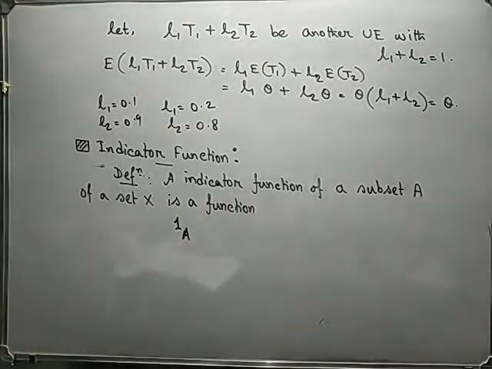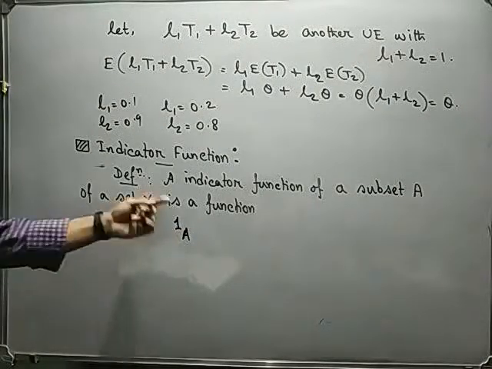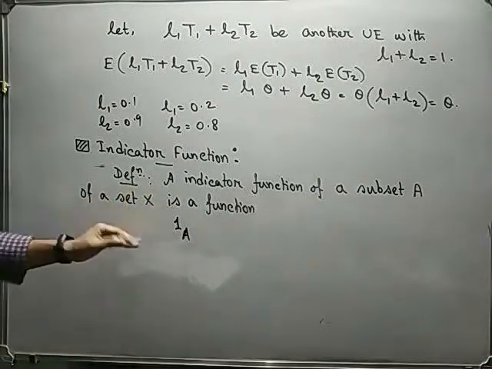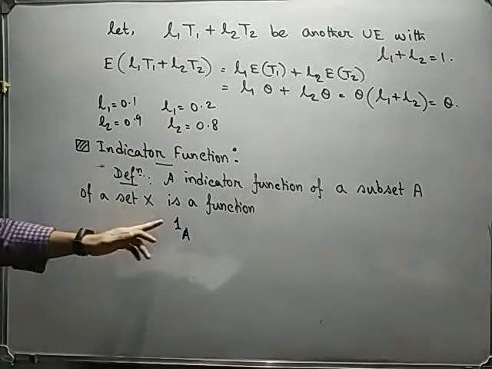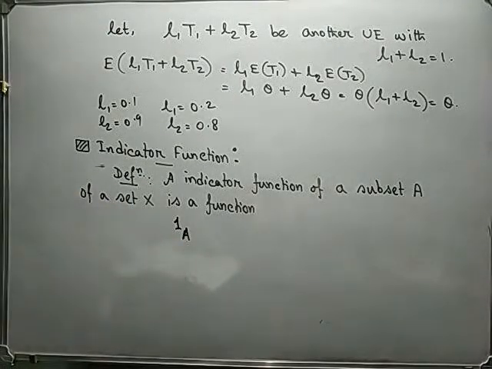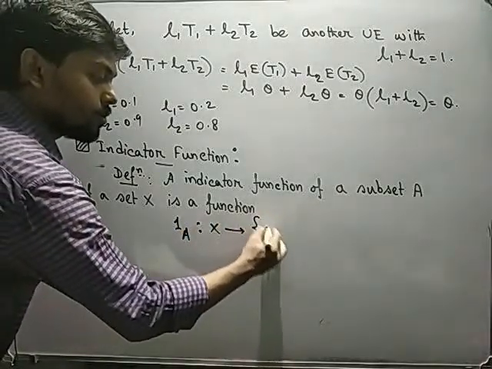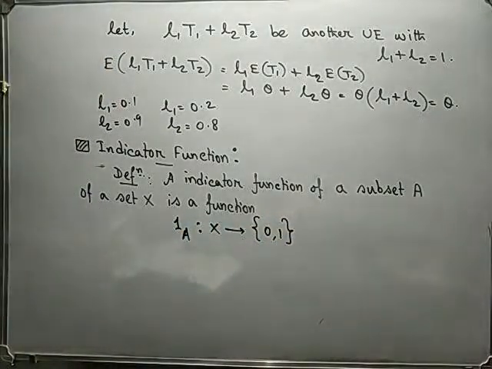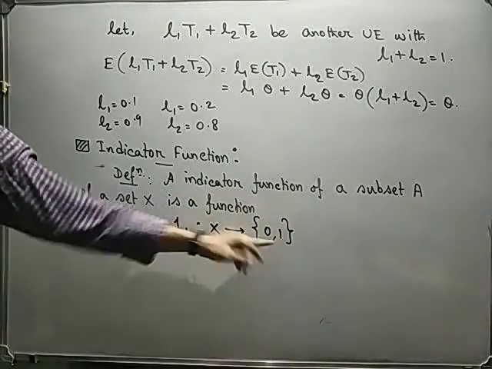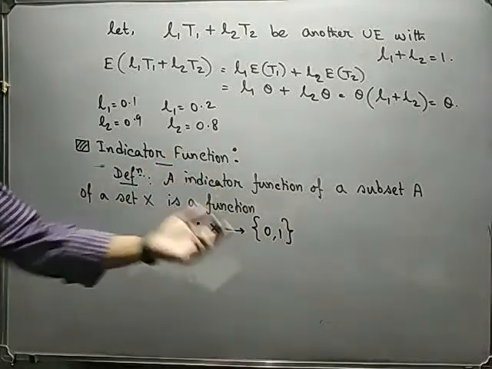We can use many other notations also, let's say I of A or others, and I will discuss that notation later. It is a function from capital X to {0, 1}. Within the second bracket, 0 1 means the values 0 and 1 individually.